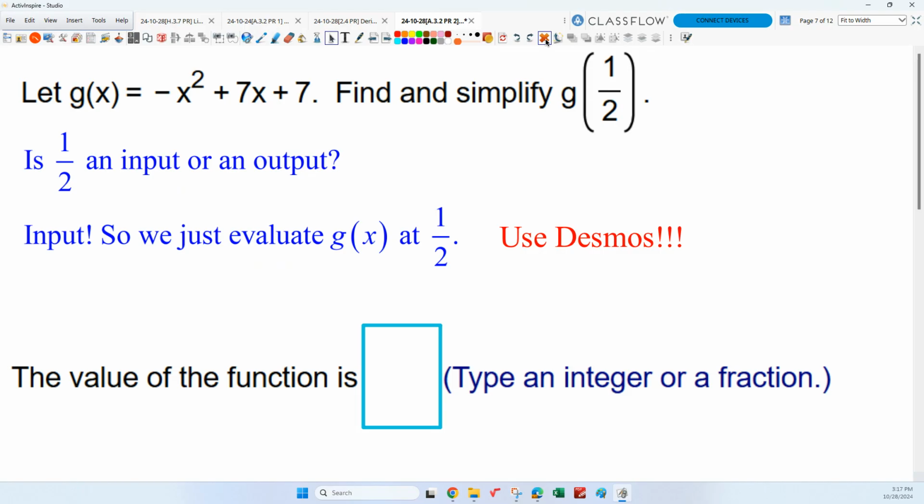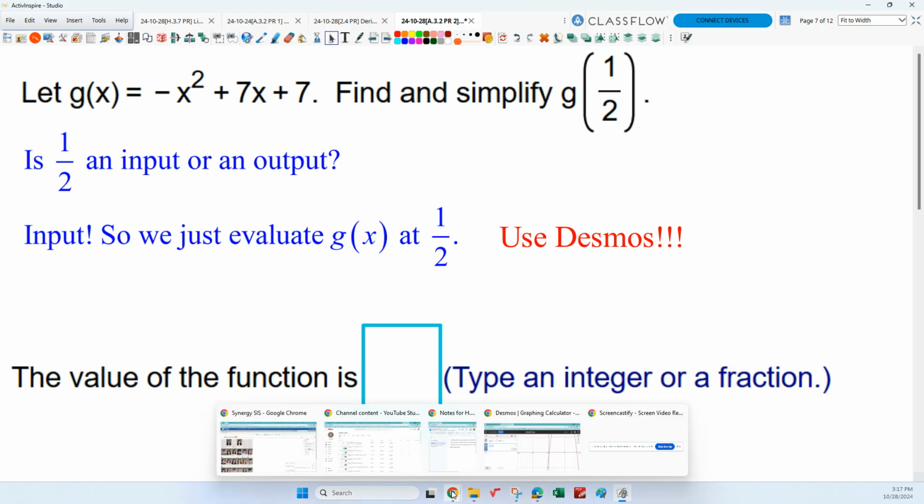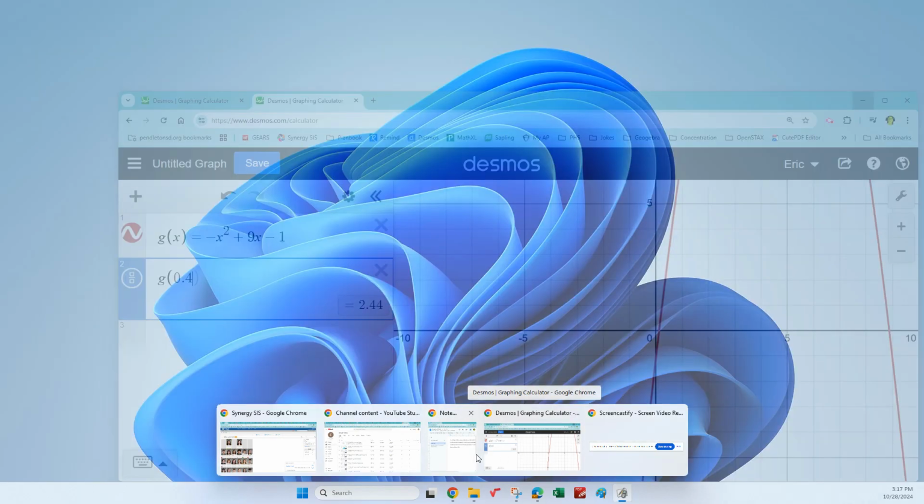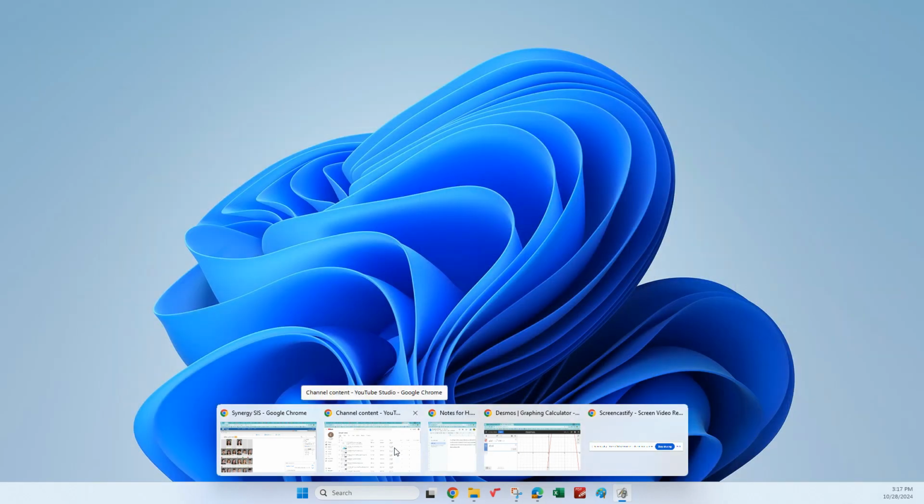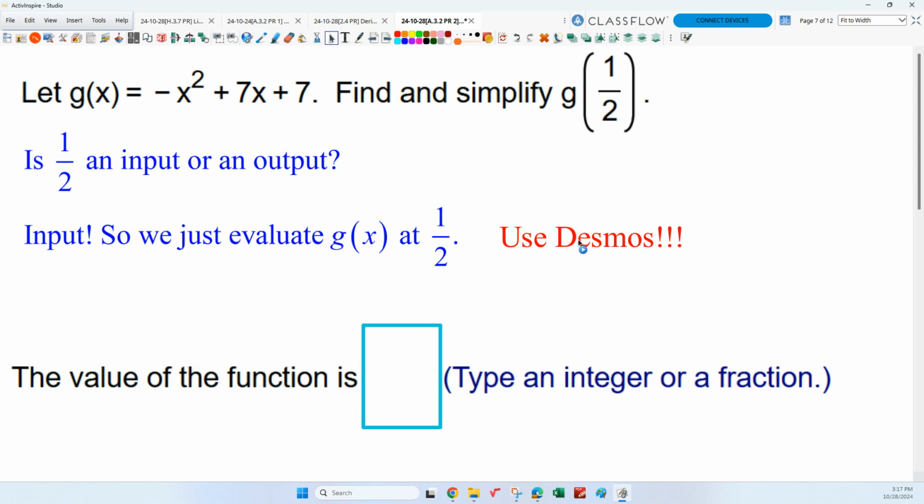Okay? And I can't remember if I set this up or not, did I? Yeah. I don't know where that went.